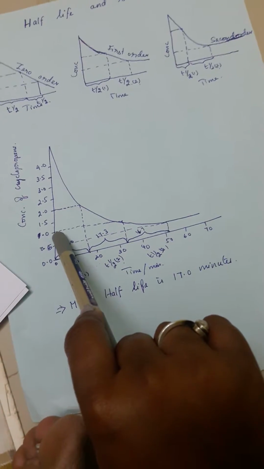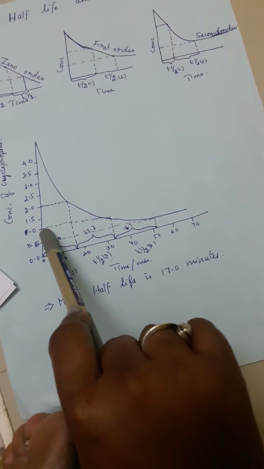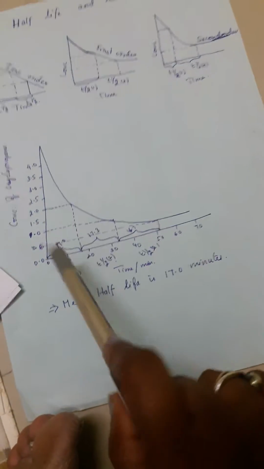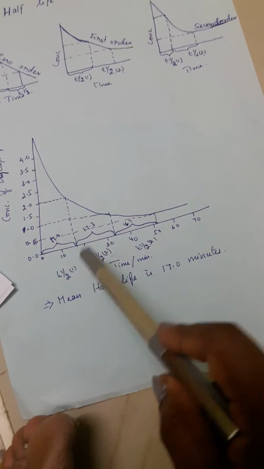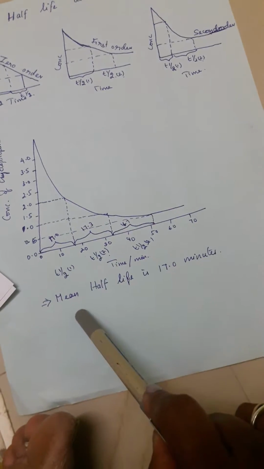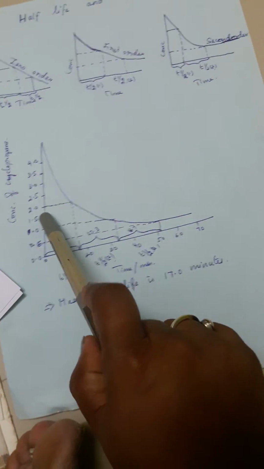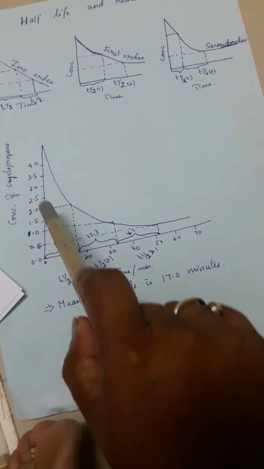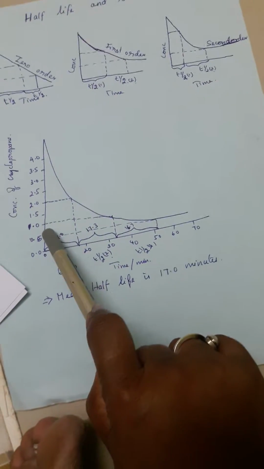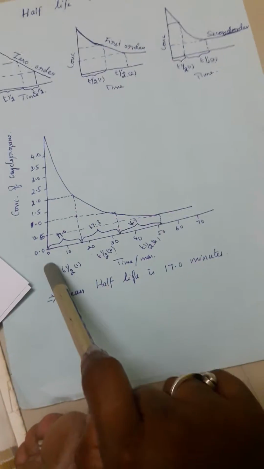So what is half-life actually? The time taken for the concentration of the reactant to fall to half of its original value. So 4 to 2 is half of 4, 2 to 1 is half of 2, and 1 to 0.5 is half of 1.